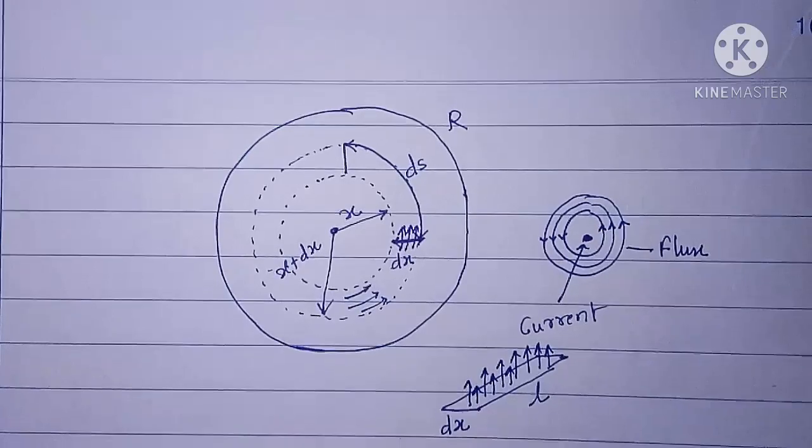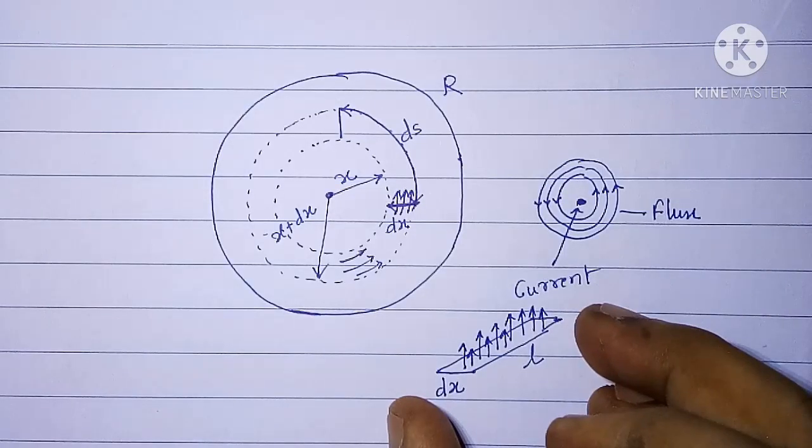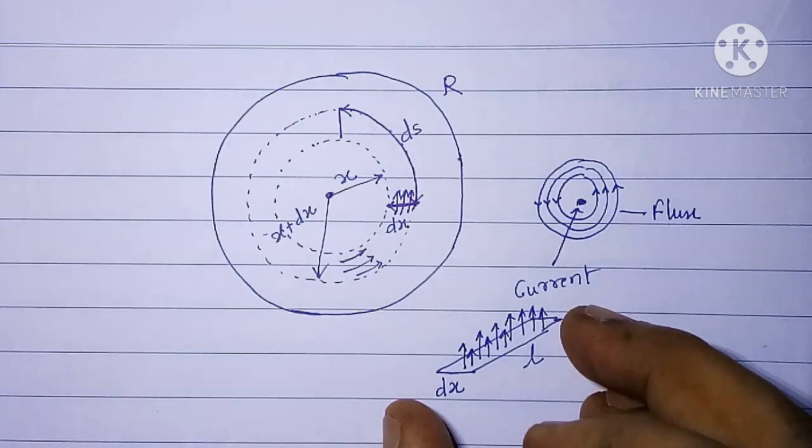Right? If I know the flux density, then I can calculate how much flux is passing through this small rectangular strip.